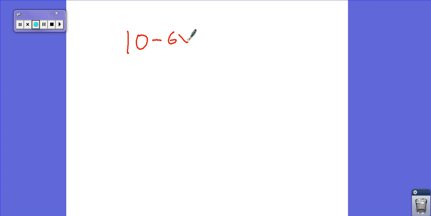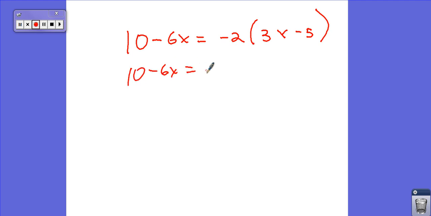So let's try a different one. This one's a little bit different. 10 minus 6x equals negative 2 times 3x minus 5. Okay? So 10 minus 6x equals negative 6x plus 10.